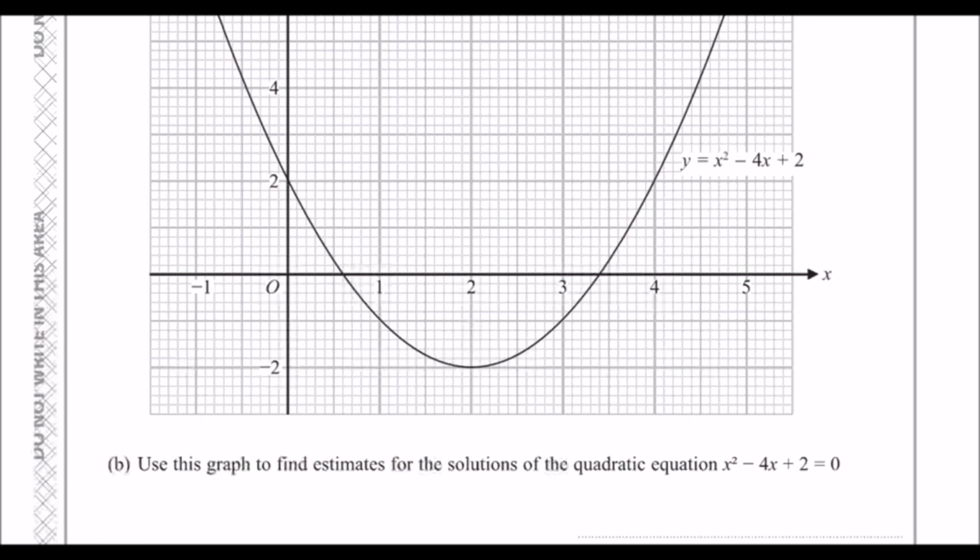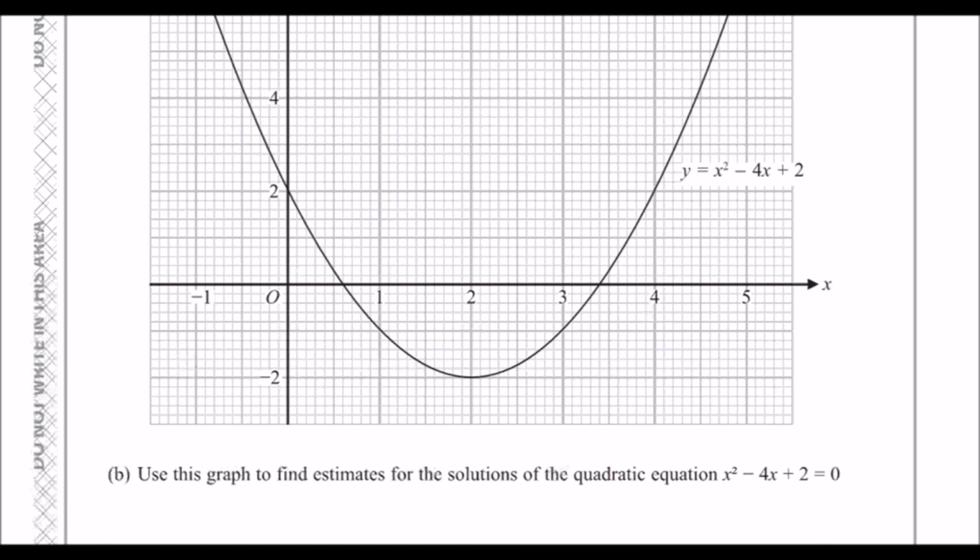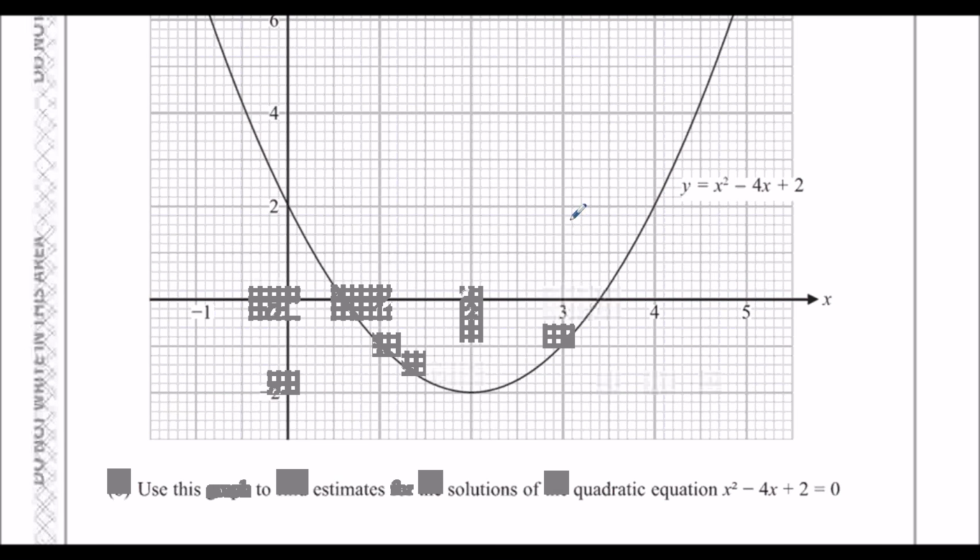Part B, use the graph to find estimates of the solutions. So we've got a quadratic graph, y equals x squared minus 4x plus 2. Part B says, use the graph to find estimates for the solutions of the quadratic equation x squared minus 4x plus 2 equals 0. So where's the graph equal to 0?